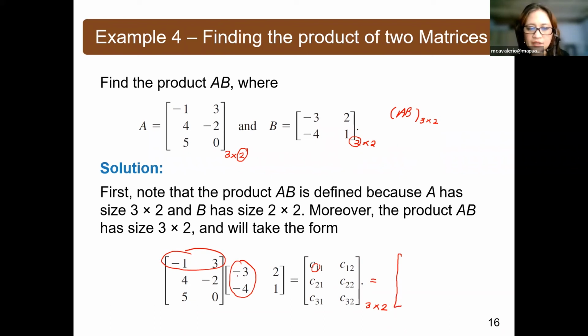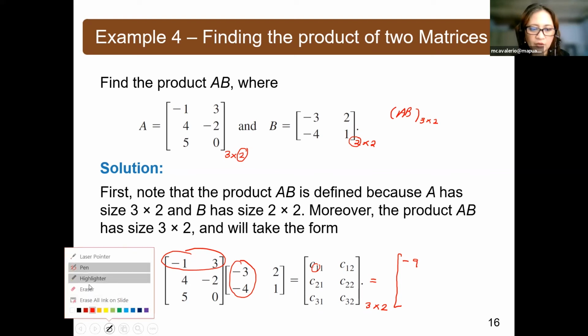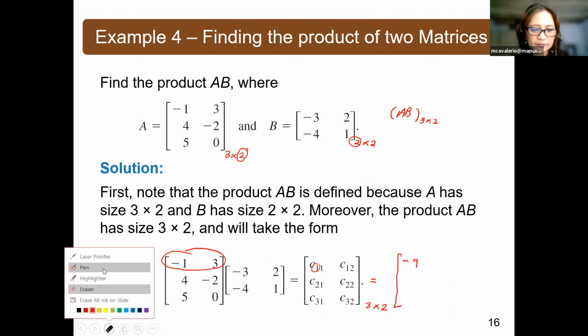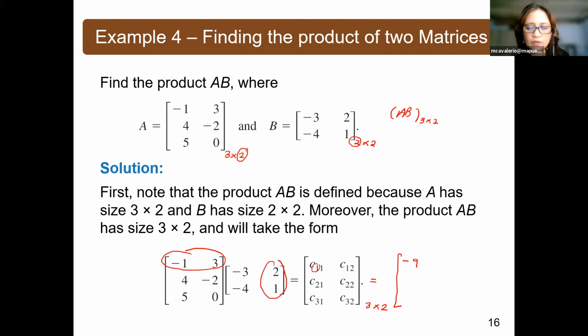Negative 1 times negative 3, that would be positive 3. 3 plus 3 times negative 4, so that would be 3 minus 12, that would be negative 9. And then to find C sub 12, we are going to multiply every entry of row 1 of the first matrix with the second column of the second matrix. So we will have negative 1 times 2 is negative 2. Negative 2 plus 3, that would be 1.